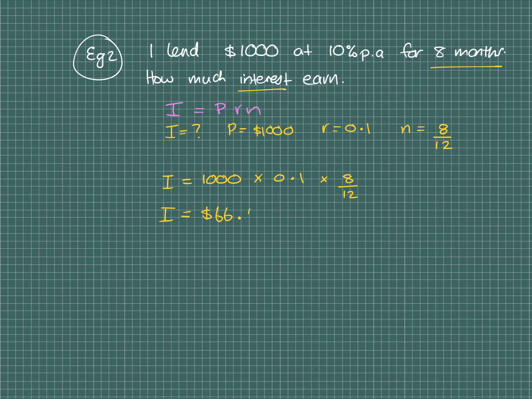So let's do it to 2 decimal places, because money should always be 2 decimal places, and we'll say $66.67. Now it says how much interest do we earn, and that would be my answer, and that would be it. So that's a slightly different question, not that much harder, but certainly different.